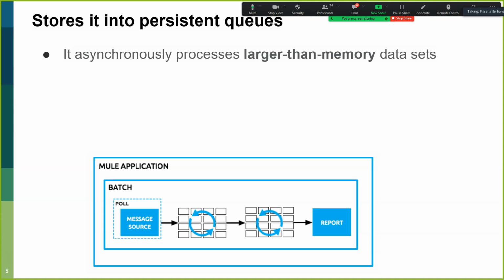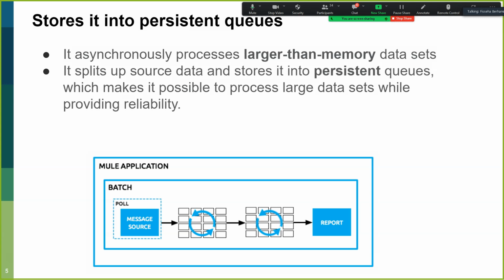If you have a large volume of data that doesn't fit in memory, you can still process it with a batch job because it will just take chunks of the data from the disk. But the other cost you can see here is disk I/O, since it reads and writes data to disk. So that also takes time.